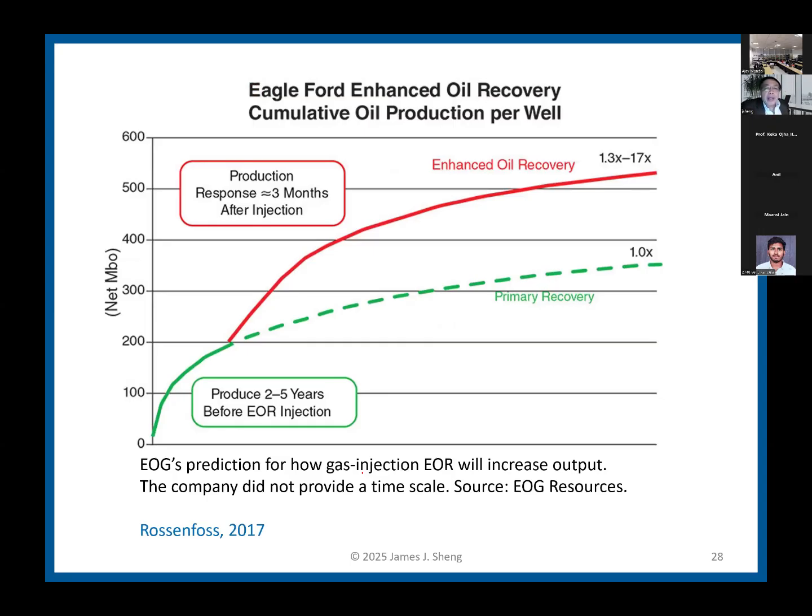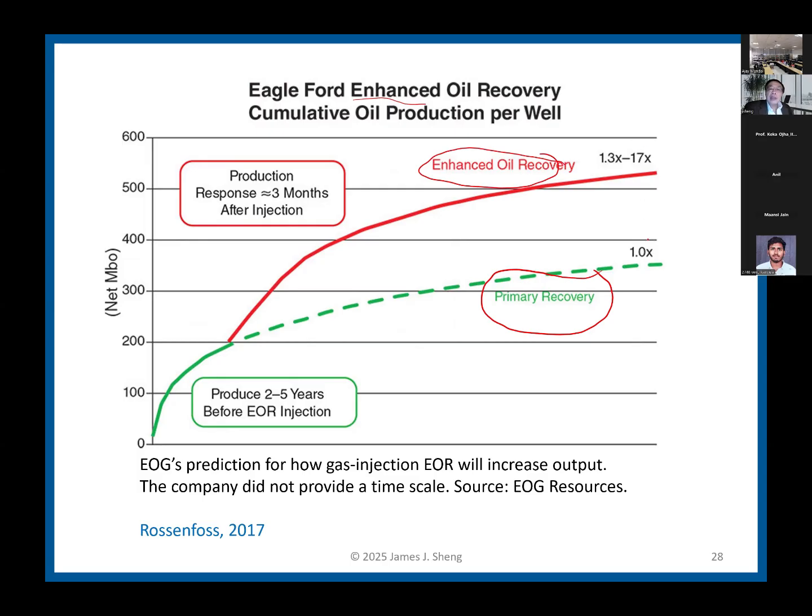And here is the net oil production prediction. It says from L04 well, this is the primary depletion curve, cumulative oil produced, and then this is production enhanced oil divided by Huff-n-Puff.